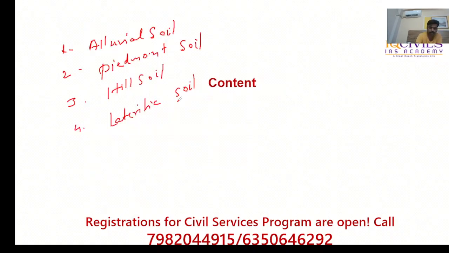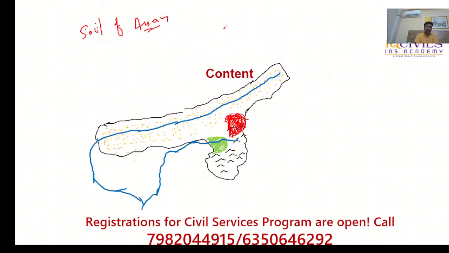As far as alluvial soil is concerned, alluvial means the soil which is brought by the rivers to the plains of Assam. So that is alluvial soil, and here it is extensively distributed. This is the Brahmaputra River.